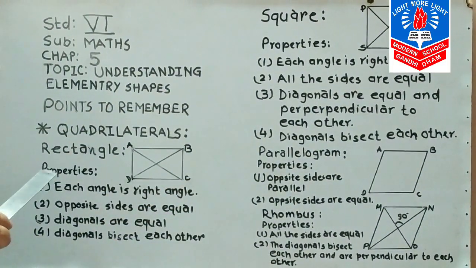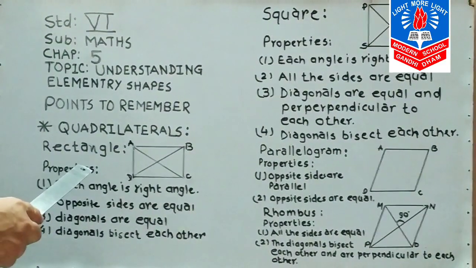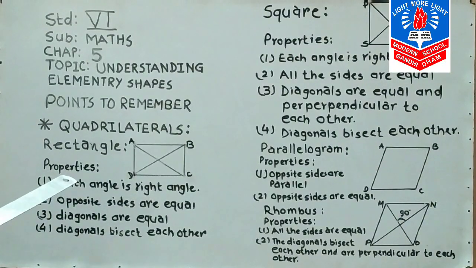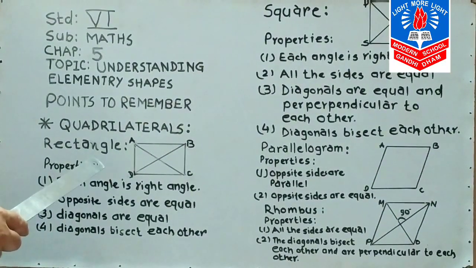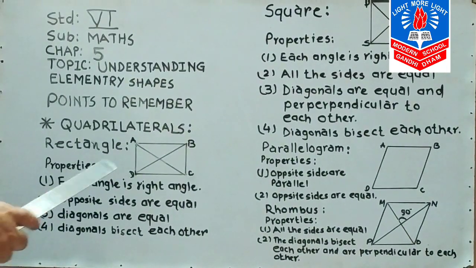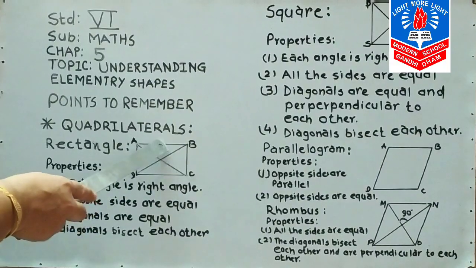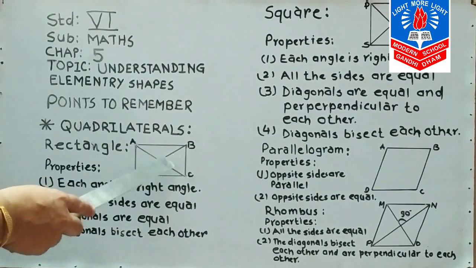So the first type of quadrilateral is the rectangle. Students, you know very well about the rectangle. We already studied it in standard 5th and in the previous chapter also. In a rectangle, opposite sides are equal.